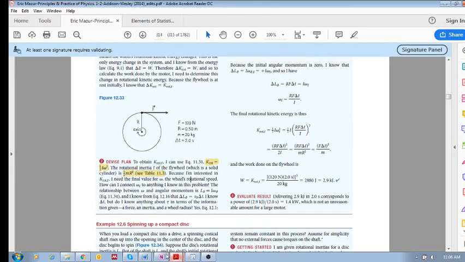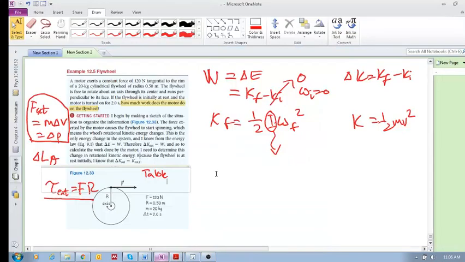Go and check out table 11.3, and you'll see that for a disk, your rotational inertia about the center is half mr squared. So we've got this, but we're looking now for this final rotational velocity after 2 seconds.